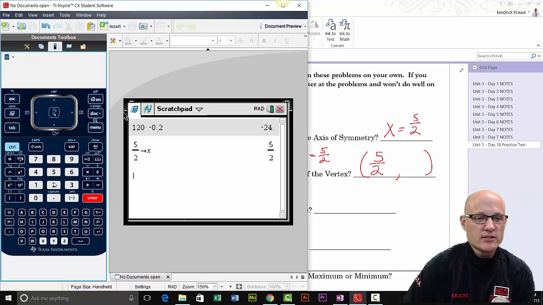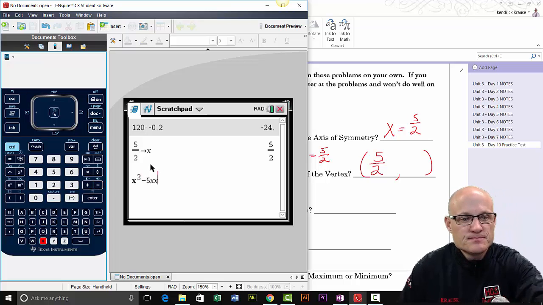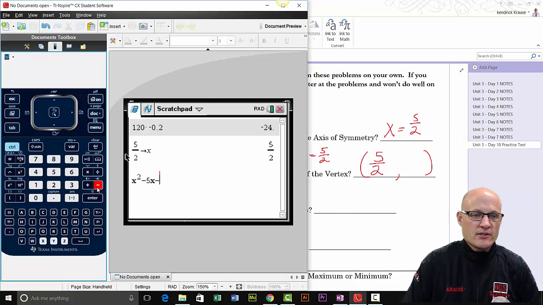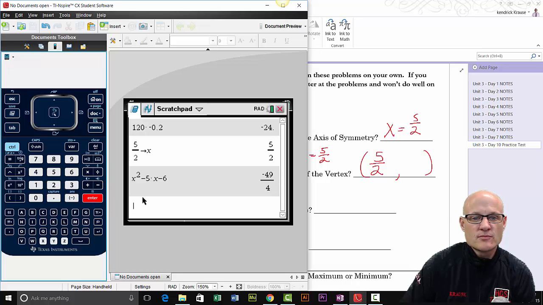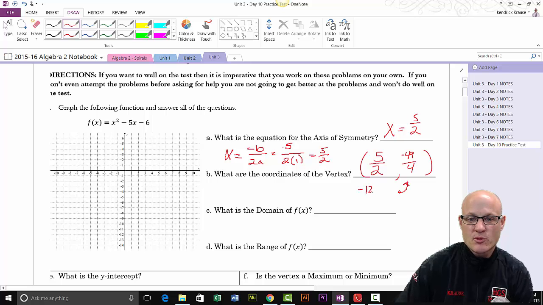And then we'll type in x squared minus 5x minus 6. Negative 49 over 4. Now, if you wanted to know what that was as a decimal, you just do a little math, but it would be negative 12.25.